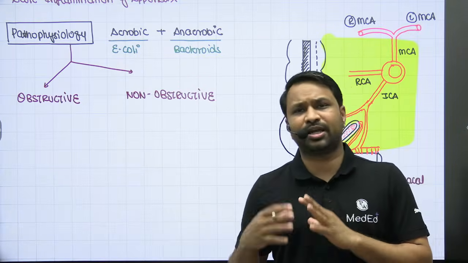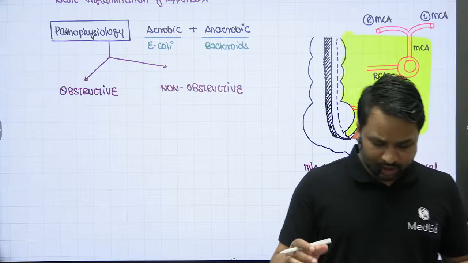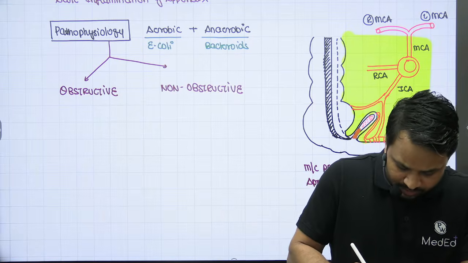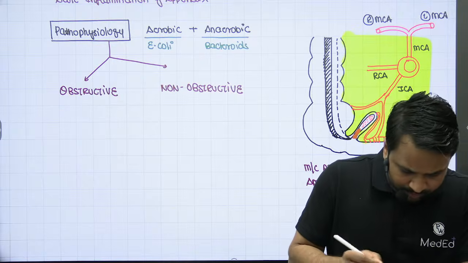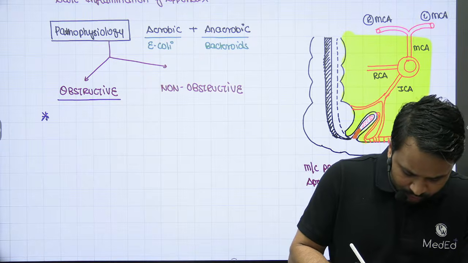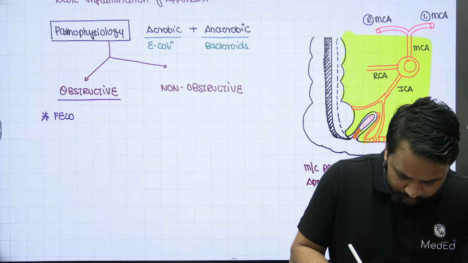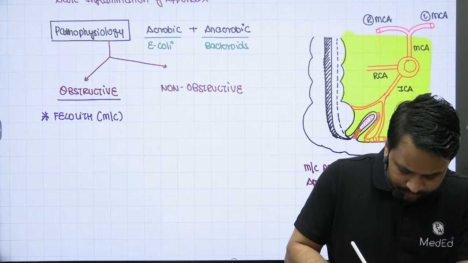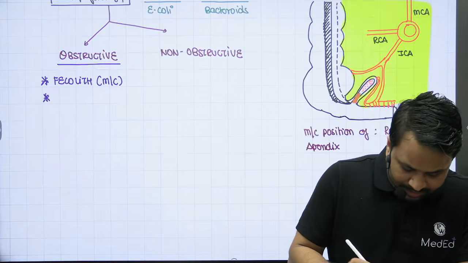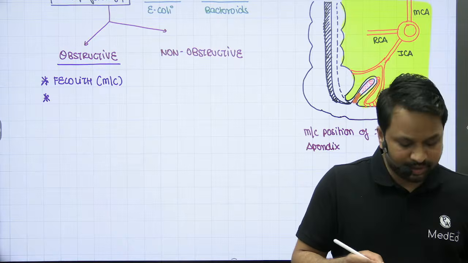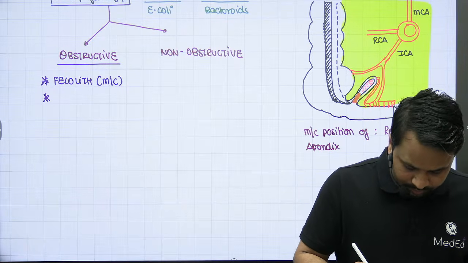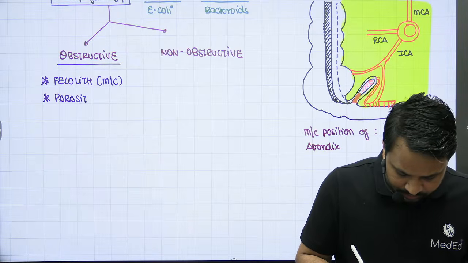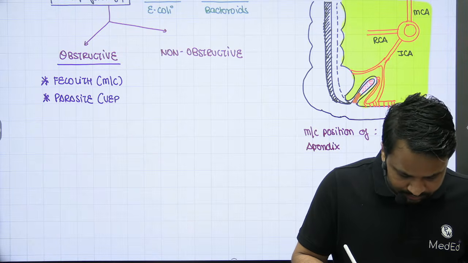Now, this obstruction can be because of various reasons. So what are the causes when you look at the obstructive form of acute appendicitis? Number one, it is secondary to a fecalith. This is the overall most common. It can be because of a parasite, for example, Enterobius vermicularis.